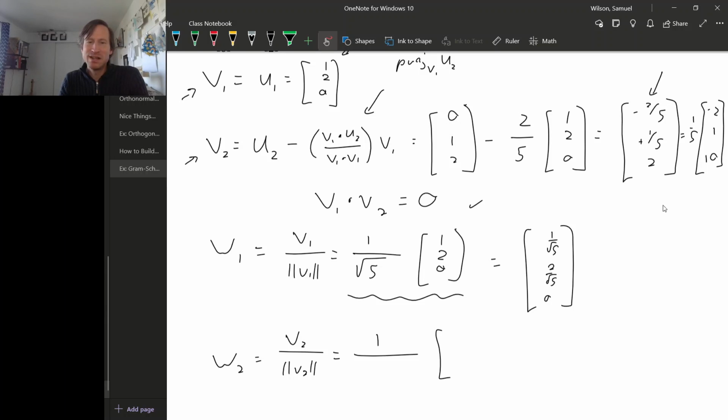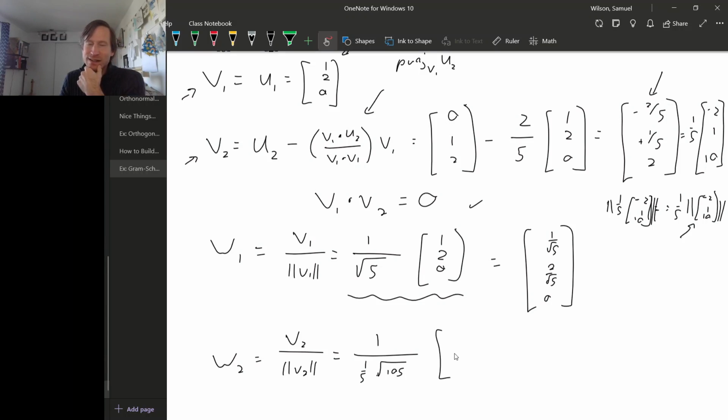So let's do it that way, because what that lets us do is, the magnitude of 1 over 5 times minus 2, 1, 10 is 1 over 5 times the magnitude of minus 2, 1, 10. You can just pull the absolute value of the scalar outside of the magnitude calculation. So that's, let's see, 100 plus 5, so 105, square root of 105.